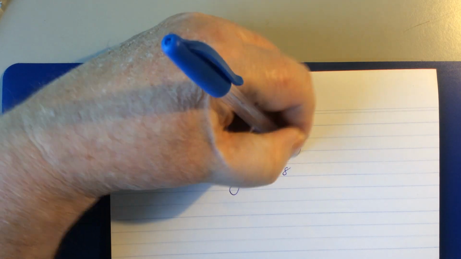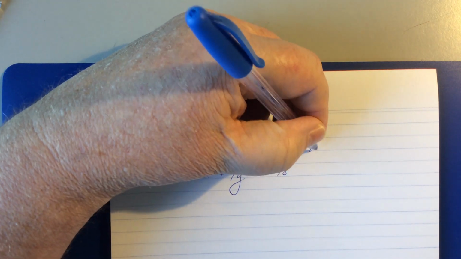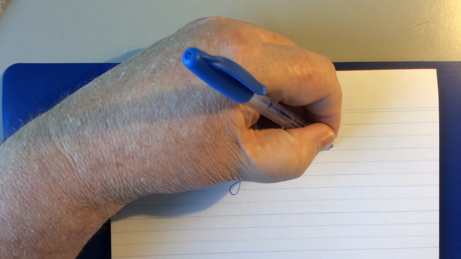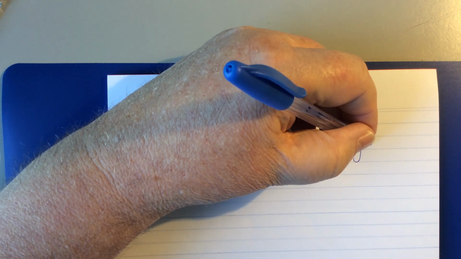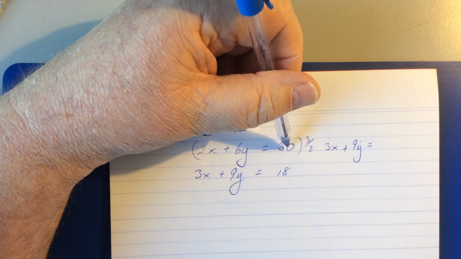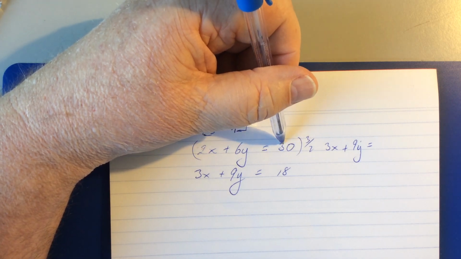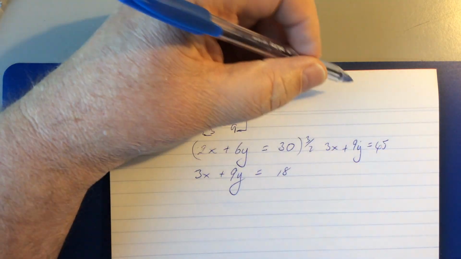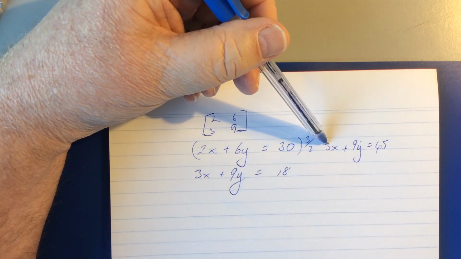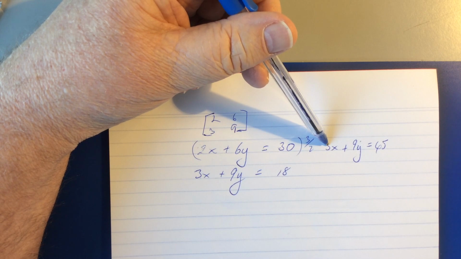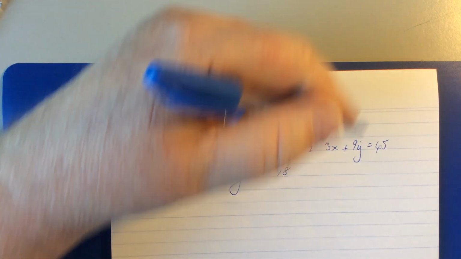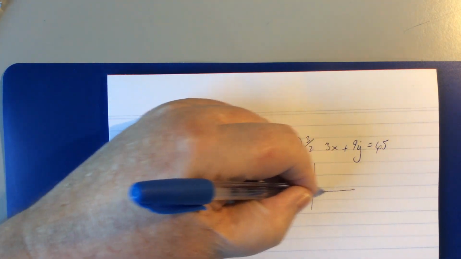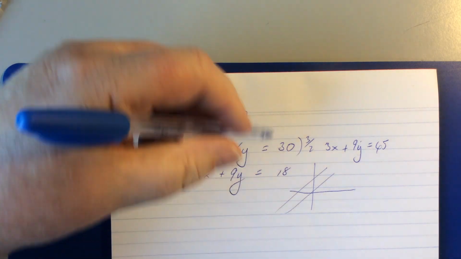So if we multiply that by 3 over 2, we get 3x plus 9y equals, divide that by 2, 15 multiplied by 3, you get 45. And what you can see is that we've got the same gradient.